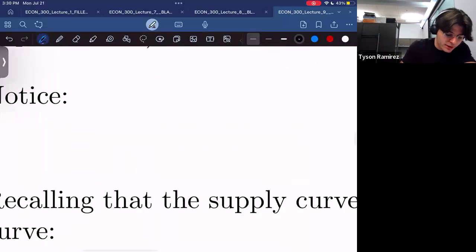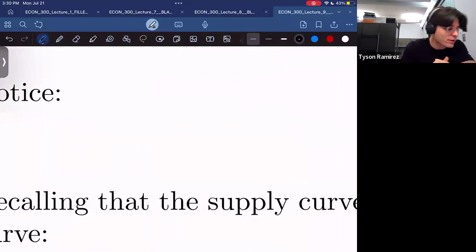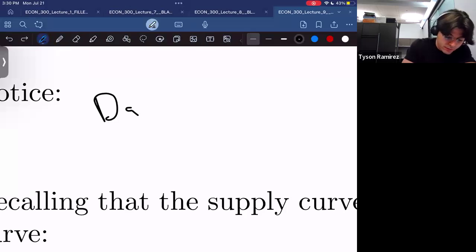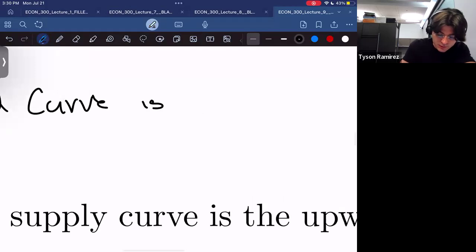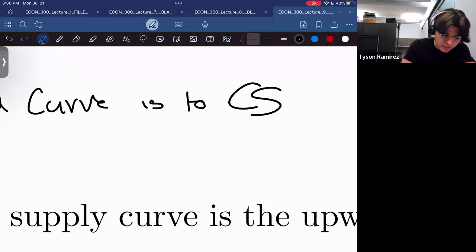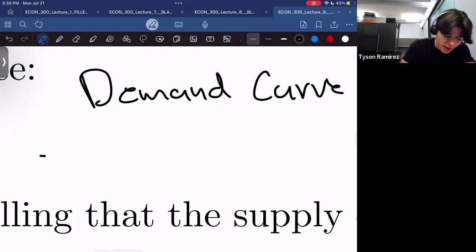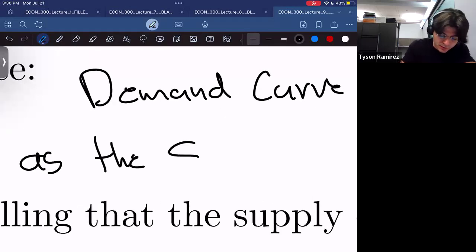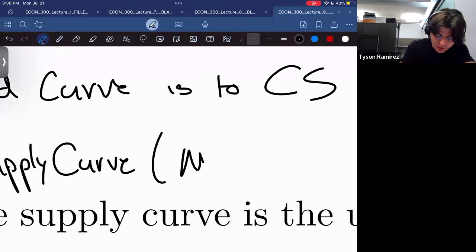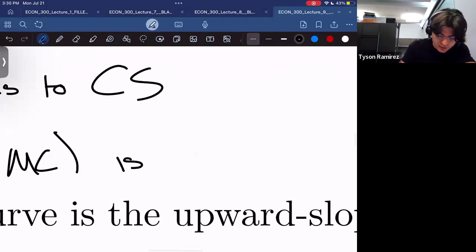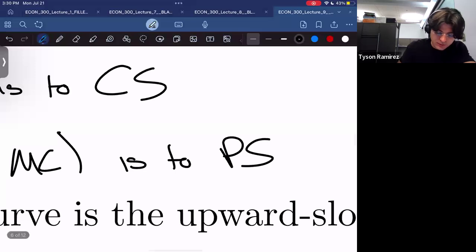And I just want to say, I saved this space here for a brief note that the demand curve is to CS as the supply curve, which we know is the marginal cost curve, is to the producer surplus.